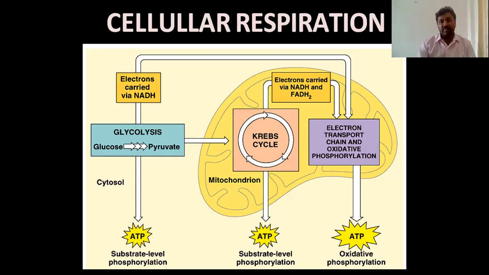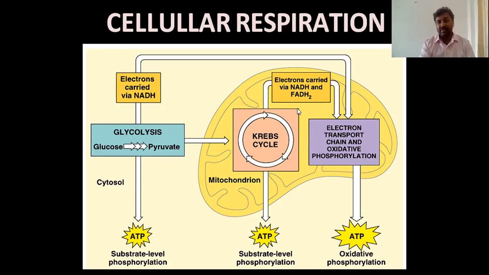At the same time, in the mitochondria, in the Krebs cycle also, one GTP is synthesized when succinyl coenzyme A is converted to succinate; that is also equivalent to one ATP. In glycolysis we also produce some NADH, and in the Krebs cycle we produce NADH and FADH2.